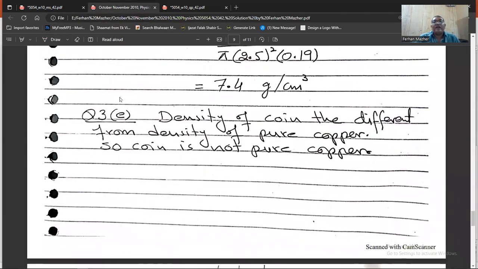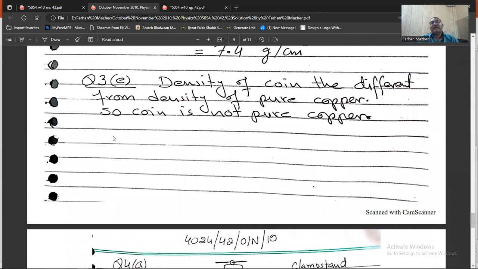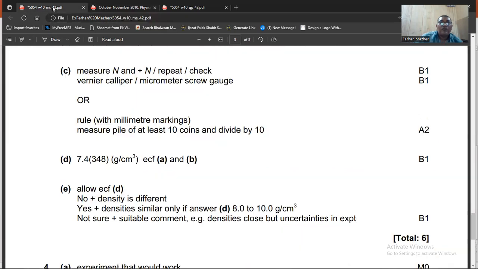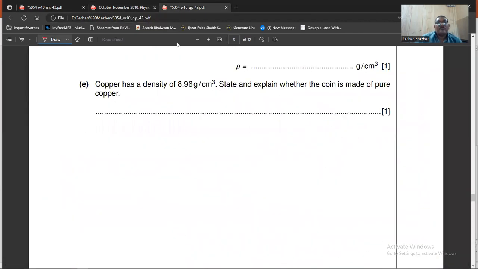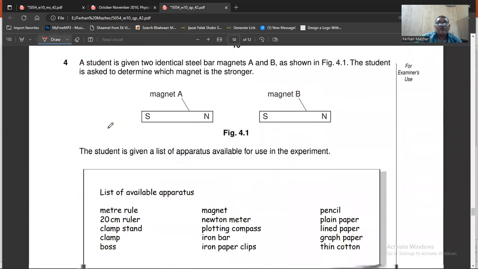So my explanation is: the density of the coin is different from the density of pure copper, so the coin is not pure copper. So our answer is no. So we go to the next question.